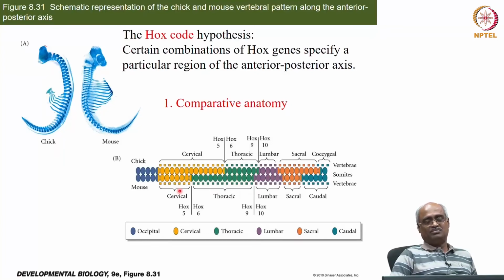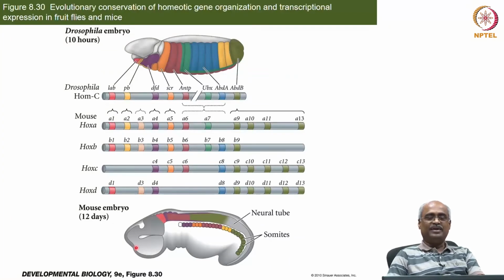So this supports the idea that which Hox gene is expressed determines what kind of vertebra is going to form. Another important point, retracting a little bit back: I told you about this extreme head region, determined by the orthodenticle and empty spiracles genes in Drosophila, and believe it or not, their orthologs are the ones that determine the midbrain and forebrain.